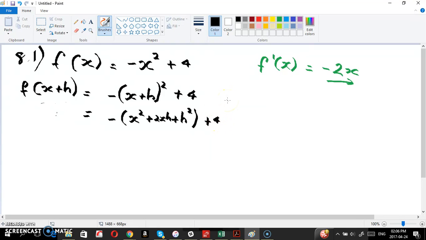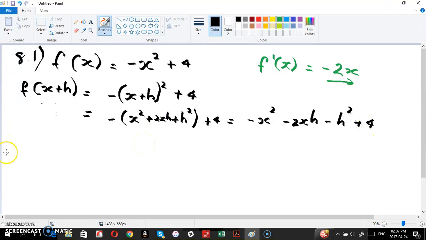And that eventually works out to, if I expand it further, minus x squared minus 2xh minus h squared plus 4.